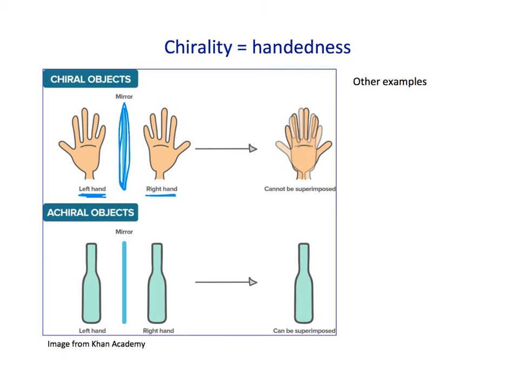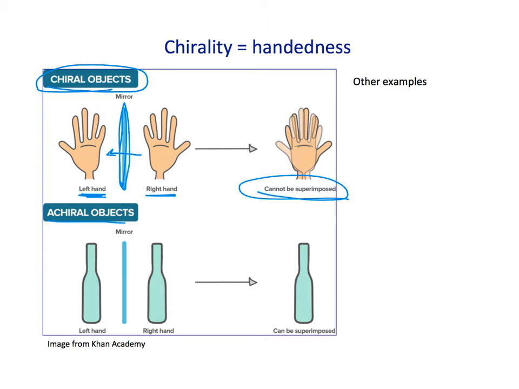And if we try to superimpose our left hand and our right hand, we cannot superimpose both of our hands. We know that already. Because of that, our hands are chiral objects, because chiral objects are any objects that are different, non-superimposable, than their mirror image.